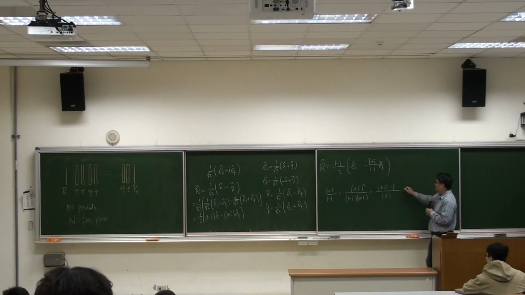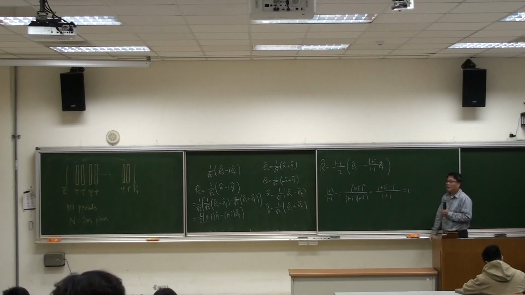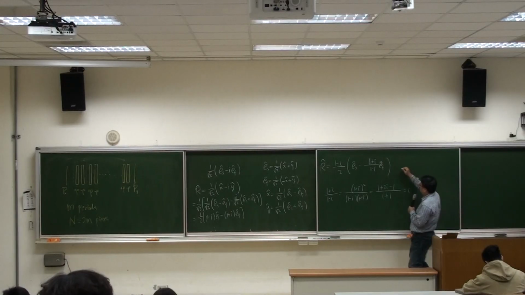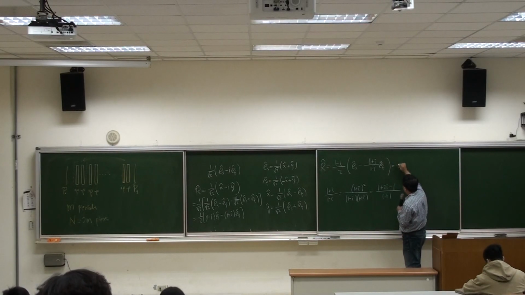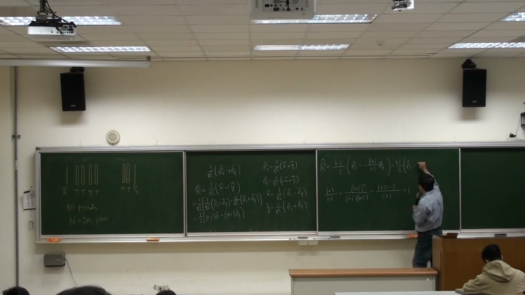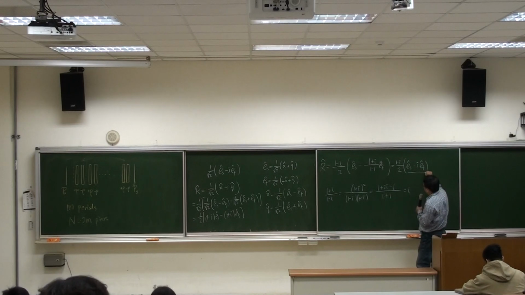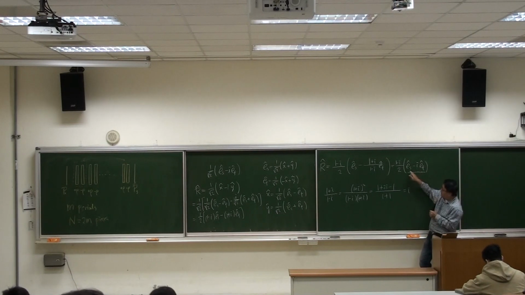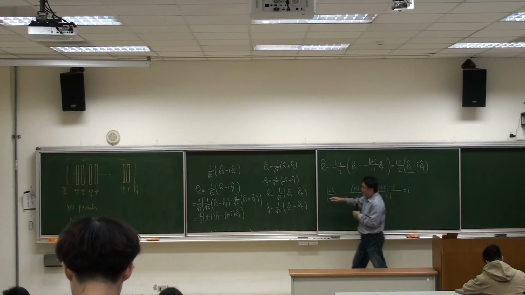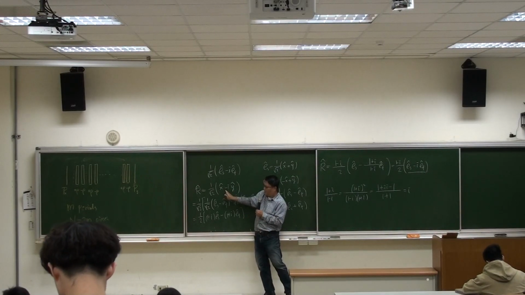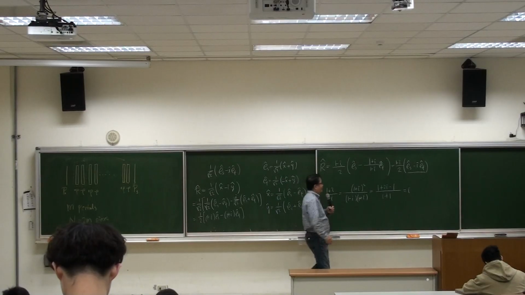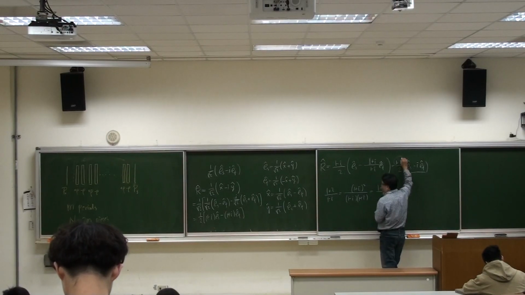So this is I. So we see that now we have ES minus I EF. So you see the coefficient 1 minus I is the same as before. The only difference is this factor.